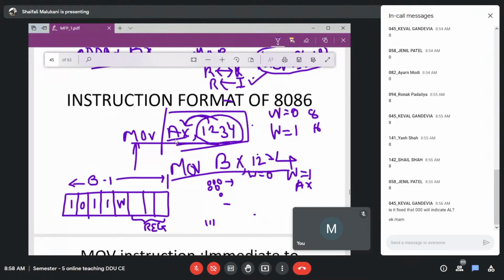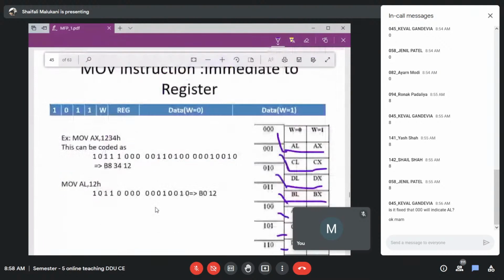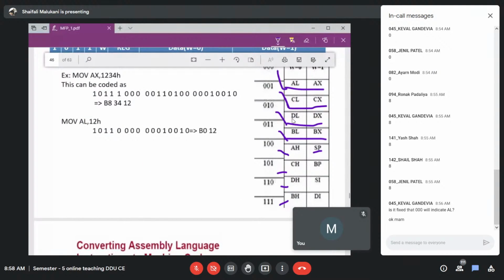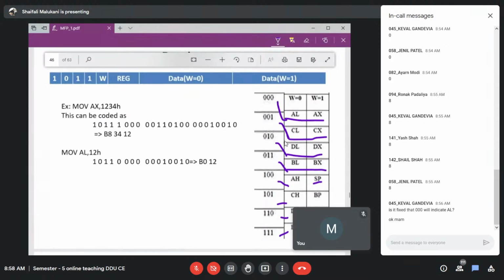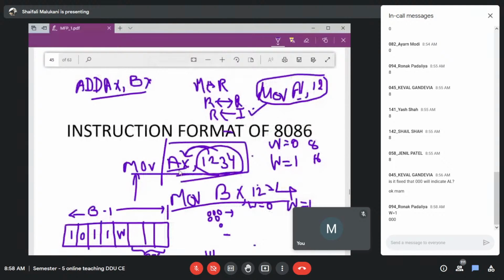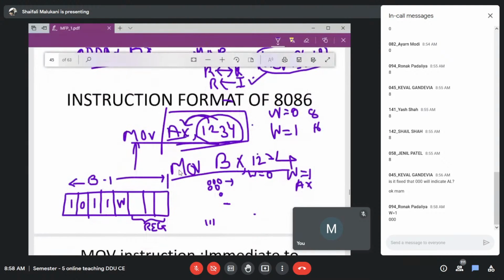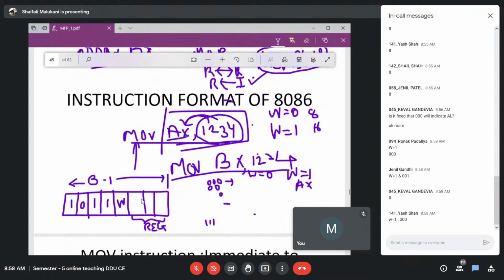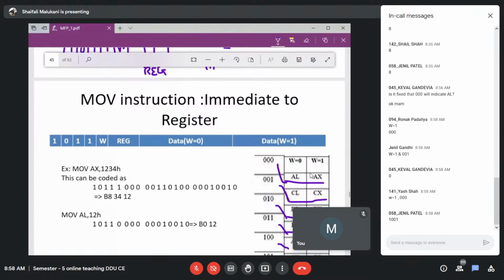Can you tell me what will be the value of the W bit for this instruction, and what will be the value of these 3 bits? If you want this table, you can have it. What will be W here? Yes, W will be 1, and AX is for 000. This is misaligned, I will correct it.